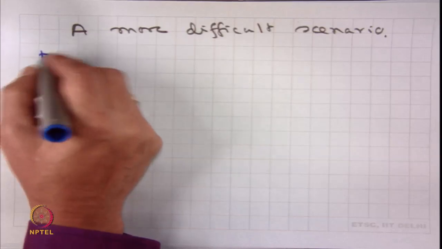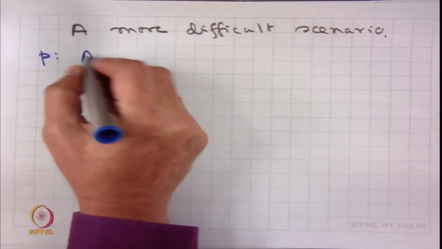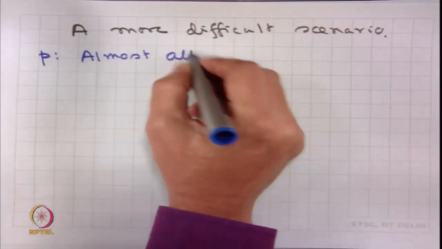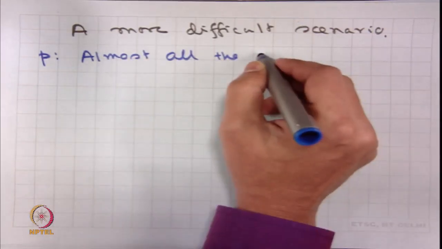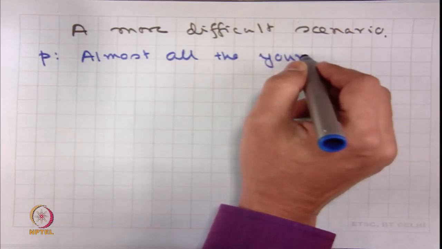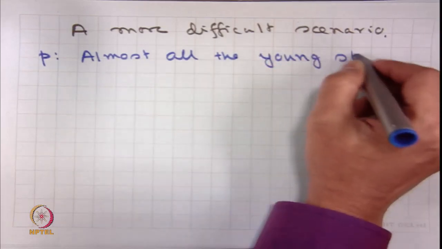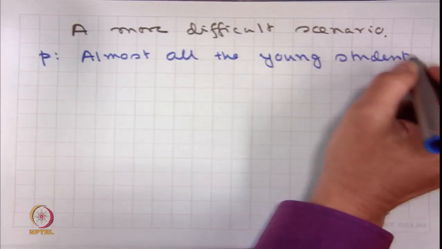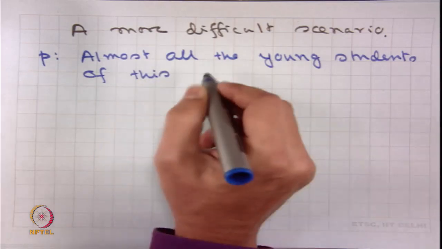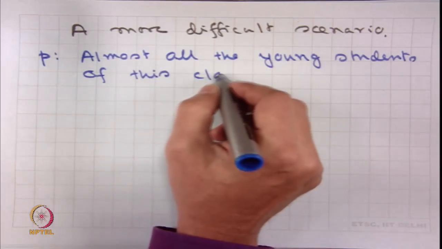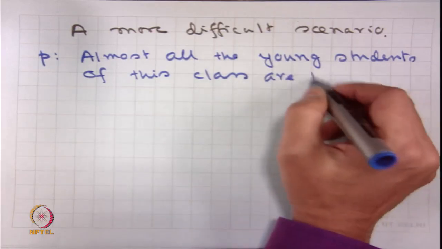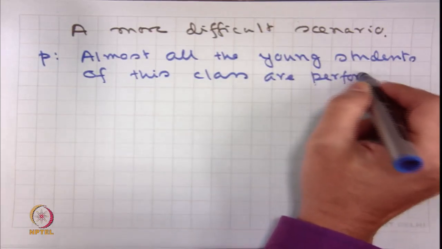Suppose the proposition is almost all the young students of this class are performing well.